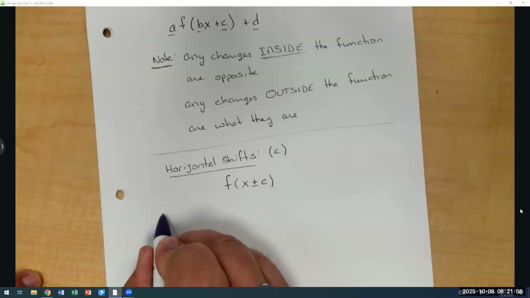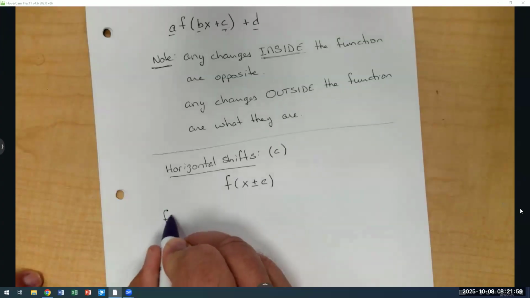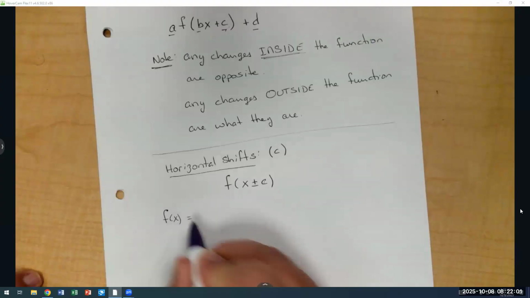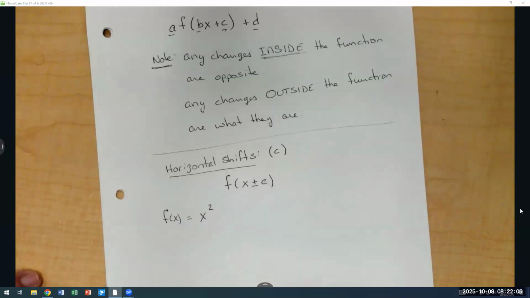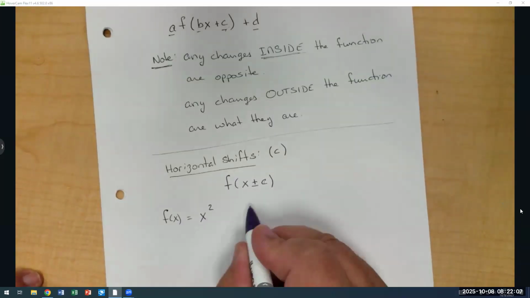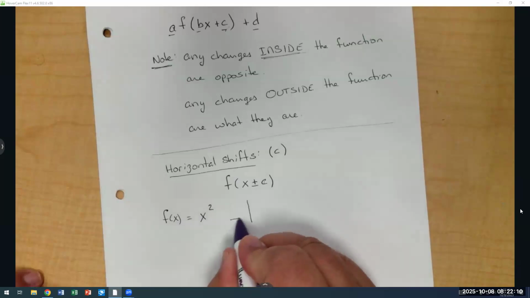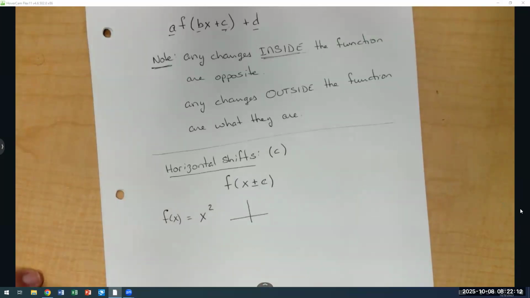So let's look at what this means. Let's say we had f of x equals x squared. That's our function. What does that look like? What's the graph of that one? It's going from infinity on the negative side down to zero, then up to infinity on the positive side.